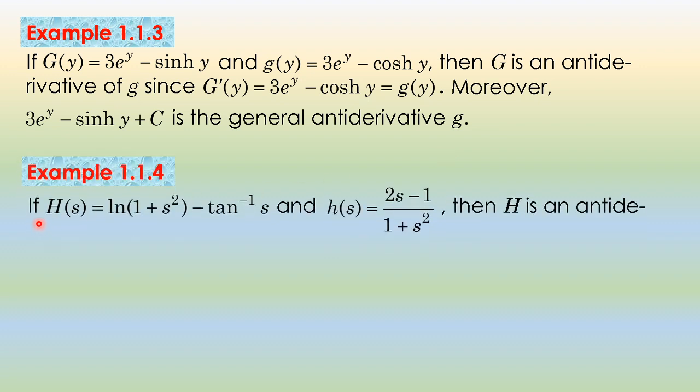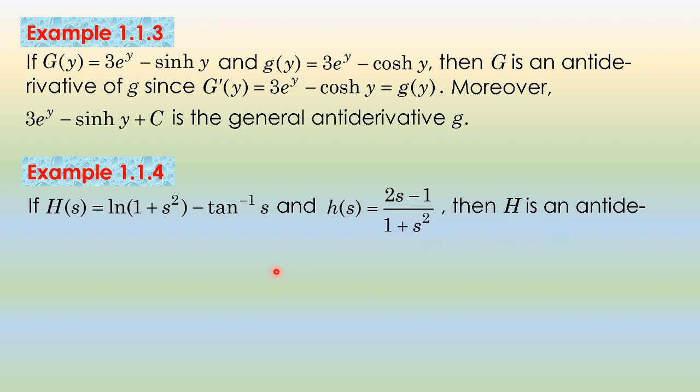Last, let's say we have big H of s, which is equal to ln of 1 plus s squared minus inverse tangent of s, and small h of s is equal to 2s minus 1 all over 1 plus s squared.